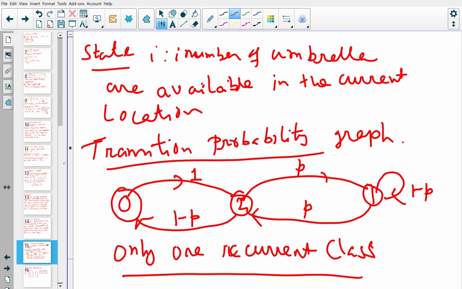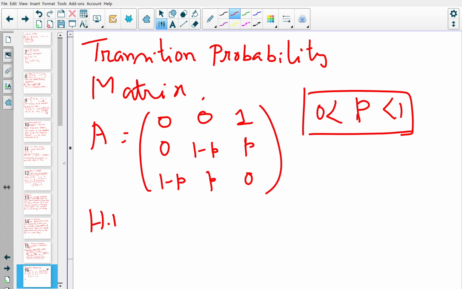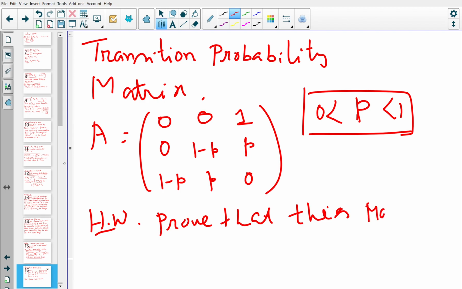Now what about condition 2? Condition 2 is that this must be aperiodic. Okay, this cannot be periodic. Now you need to prove this thing. The proof is simple. This is homework. Prove that this Markov chain is aperiodic.